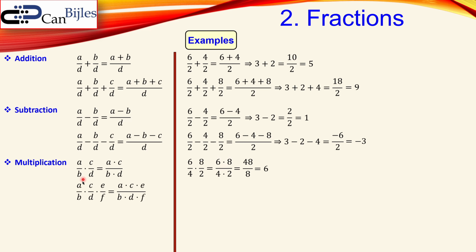Now you can also multiply more than 2 fractions. So a over b times c over d times e over f. You can see that also here, a times c times e divided by b times d times f. And now here again a numerical example using e and f as new values. We have here now 240 over 24 will be 10.